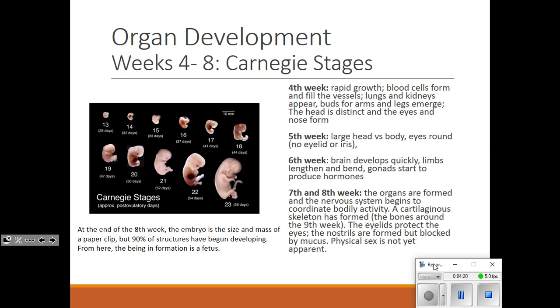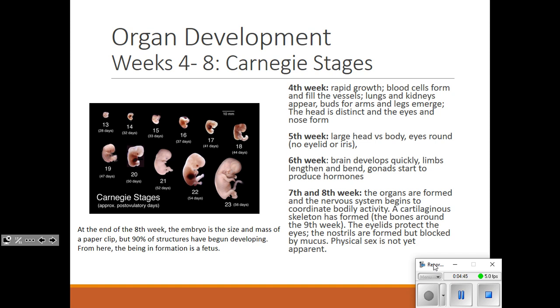Those first 3 weeks really saw a ton of stuff happening. We went from 2 haploid cells to a diploid cell, to implantation, to differentiation. Now we've got different layers of cells. Now we've got a nervous system starting to form. Now we've got a heart starting to beat.